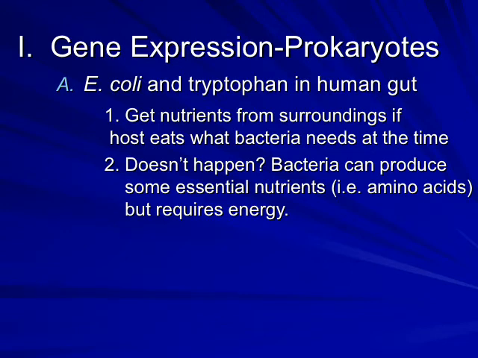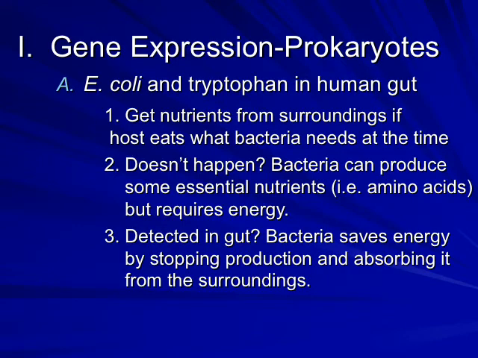But what happens if you don't eat something with tryptophan in it? Then the bacteria can actually produce it. But that requires energy. So if tryptophan is in your gut, the bacteria saves energy by not producing tryptophan and absorbs it from the surroundings.